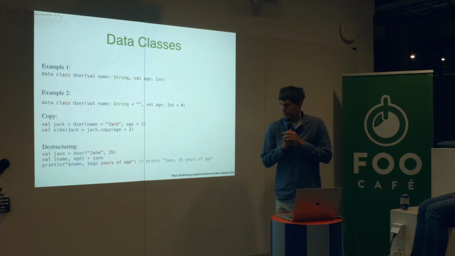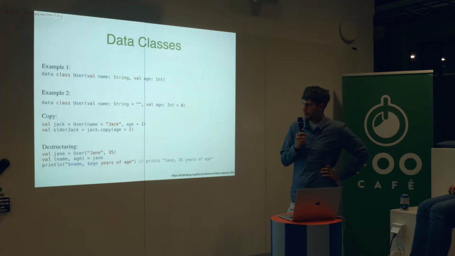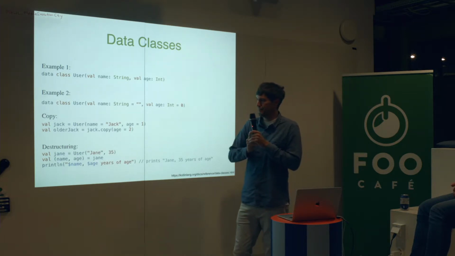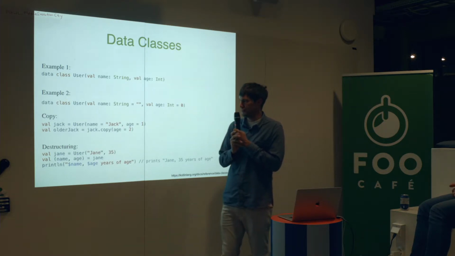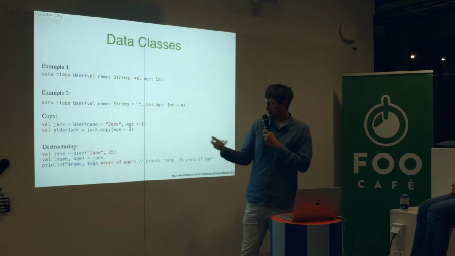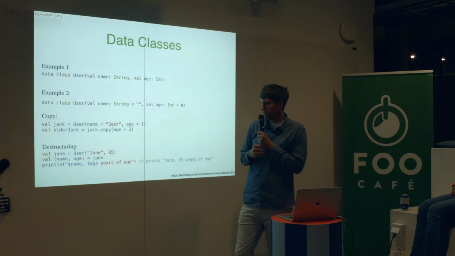And then we have destructuring, which is something you kind of swear at Java about every time you can't use it. This might not be the best example, but we'll see more examples as we move on.